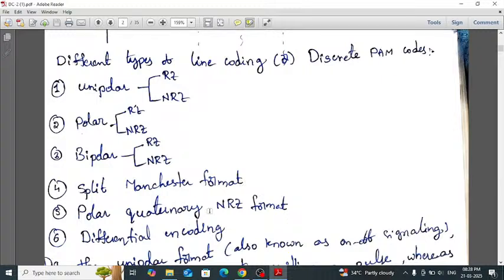Polar quaternary is again non-return to 0 format. Differential encoding is also non-return to 0 format. These coding techniques are very, very important. Easy and important also. For communication, these techniques are very important.